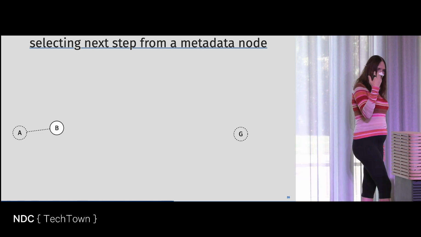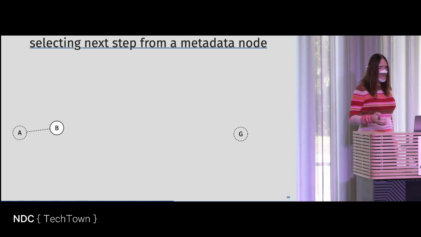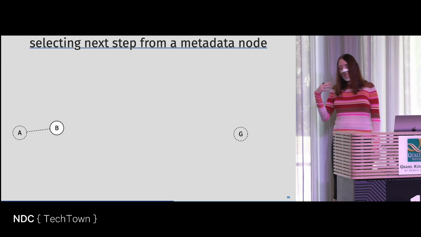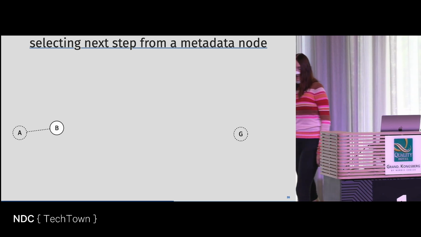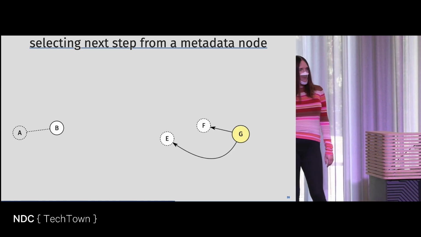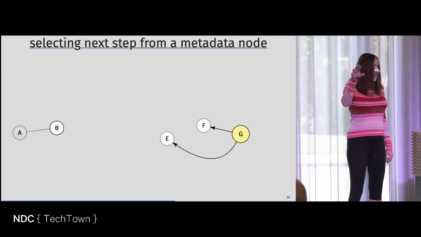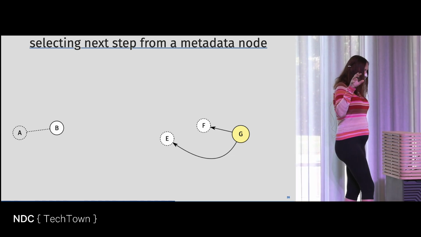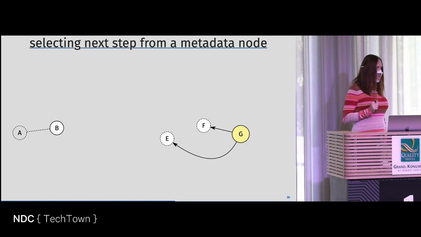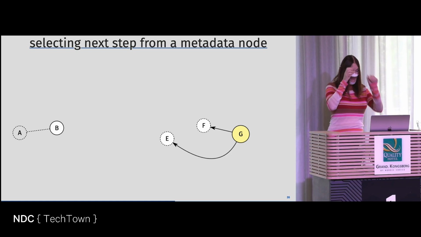So let's have another update graph. We are in state B as the application, and we want to go into state G. How do we get there? We download the metadata of state G, and by downloading them, we will get links to some previous states.